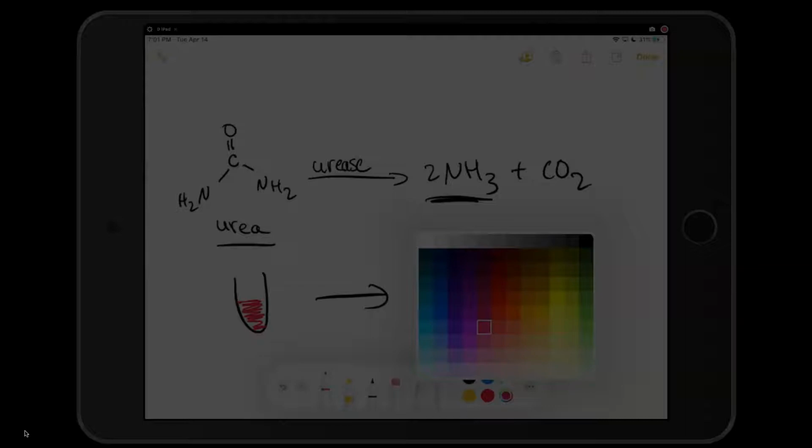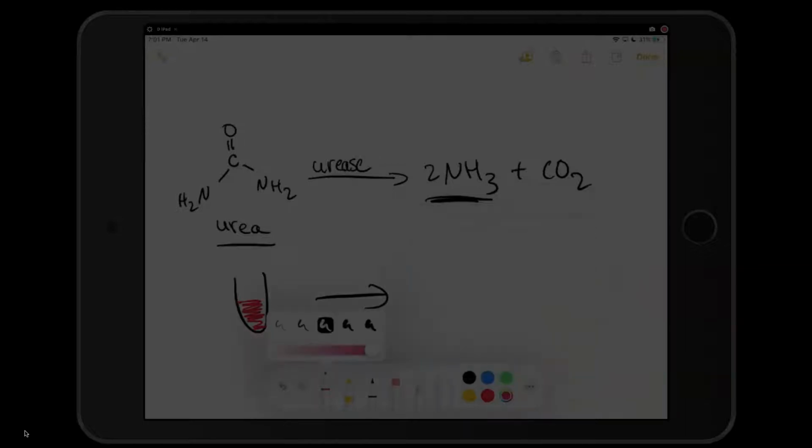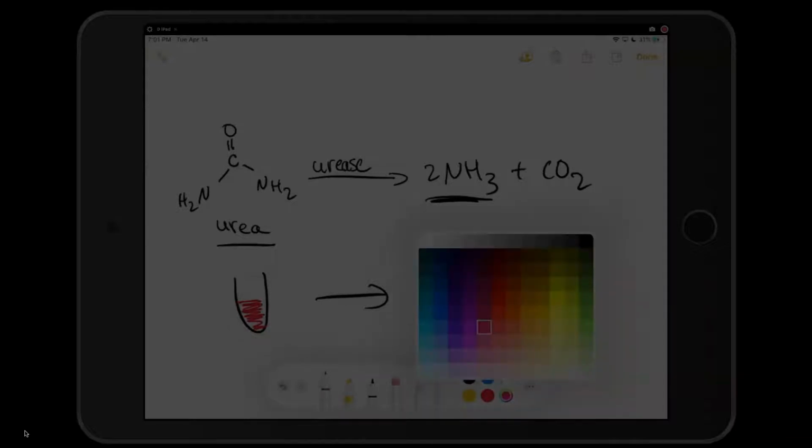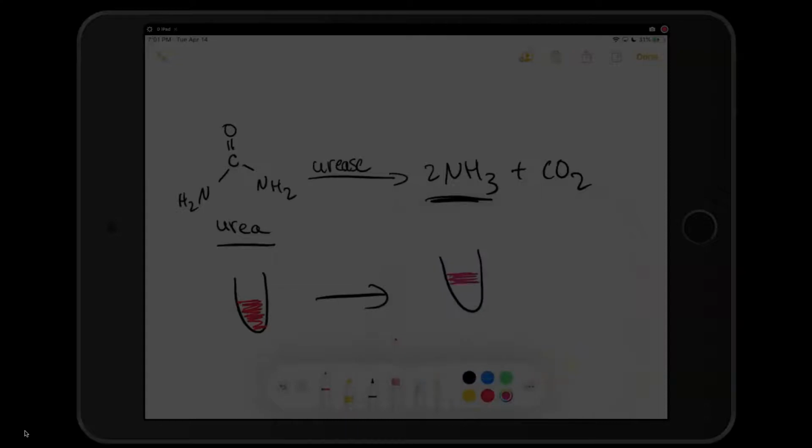That's right, it will. And so what happens is, as a result, you would have this pink color. A reflection of an alkaline pH due to the production of urease, which breaks down urea and as a result releases ammonia.